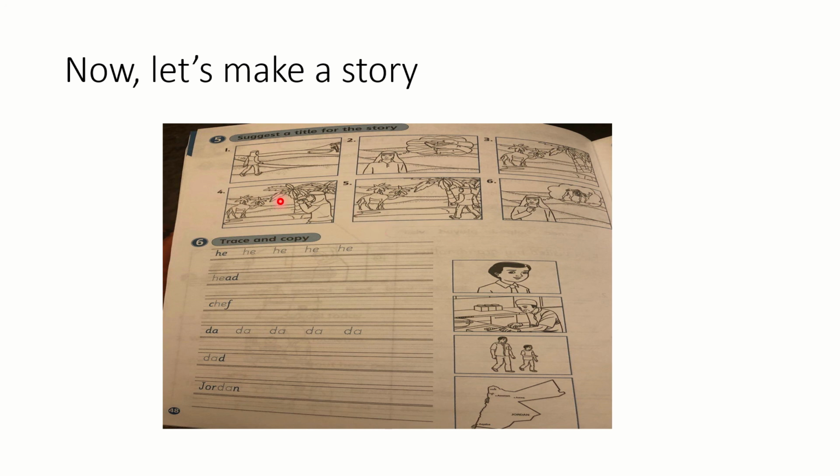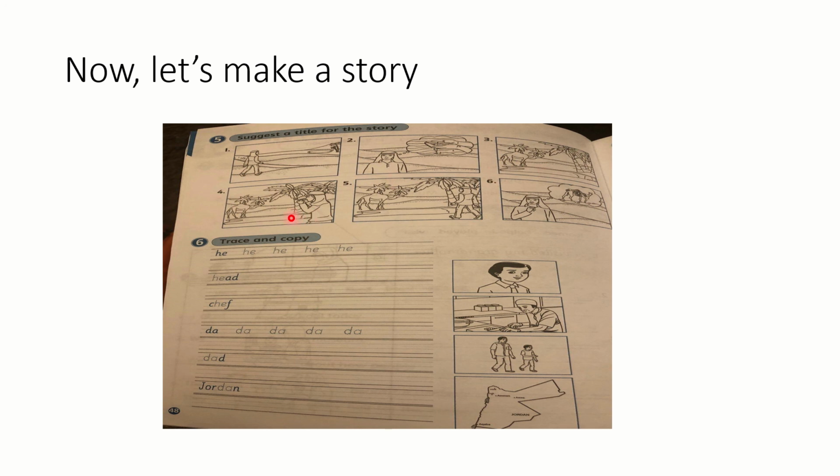Okay, let's choose a name for the boy. Why don't you choose the same name? Let's say Nader. Okay, look at picture A. Nader walked in the desert. Nader was what? Nader was thirsty. What did he see? Nader or he saw a camel.